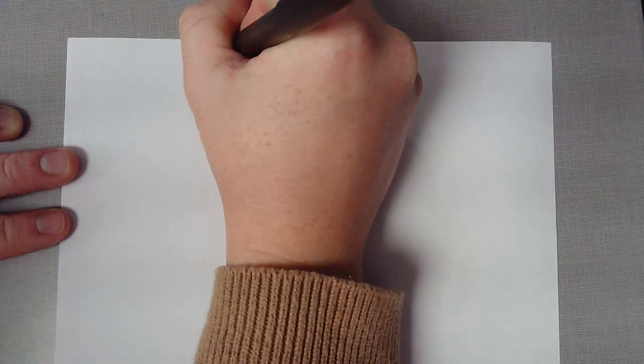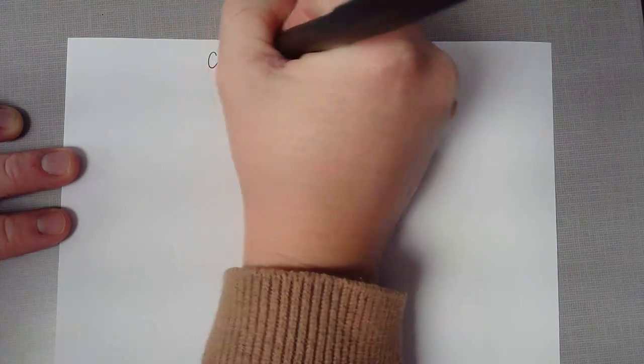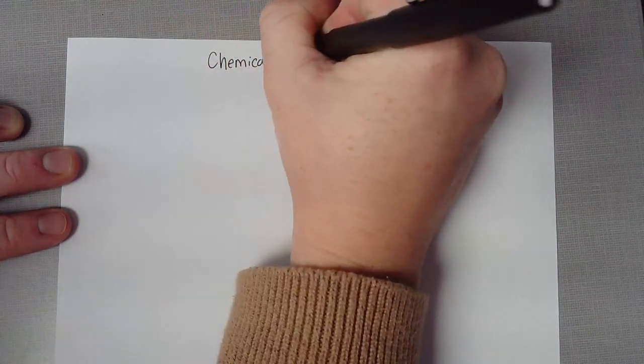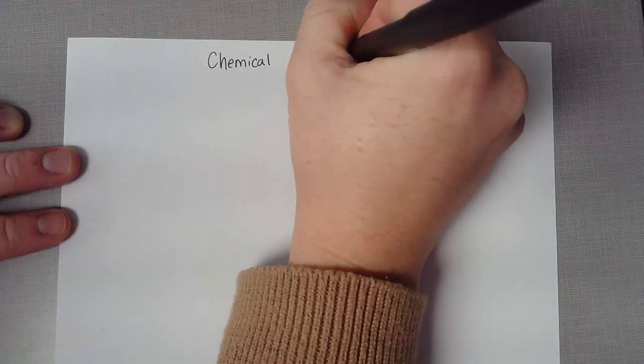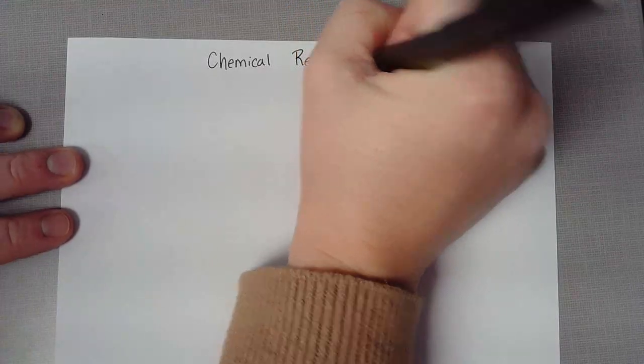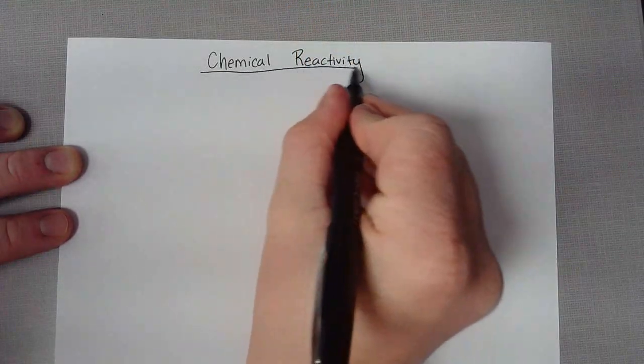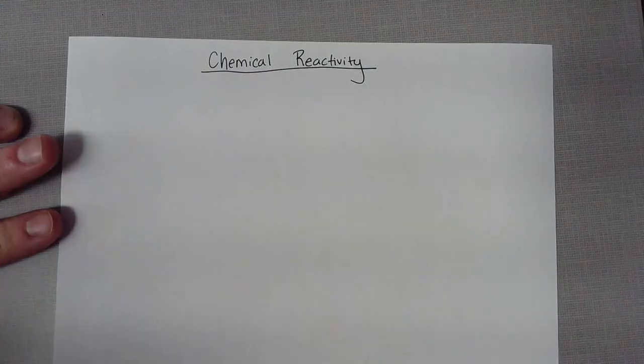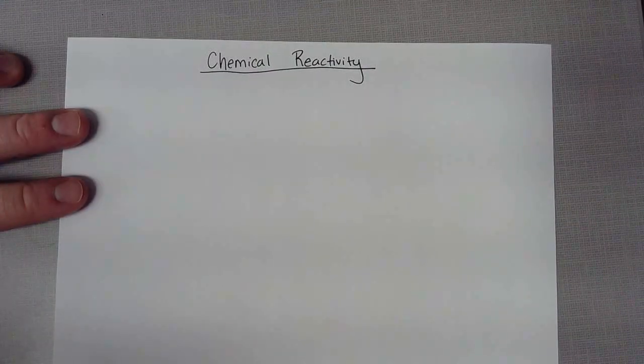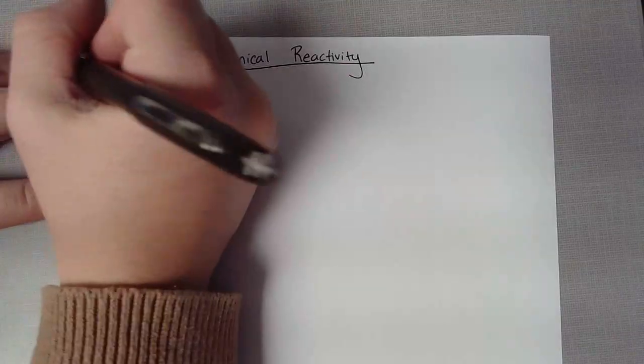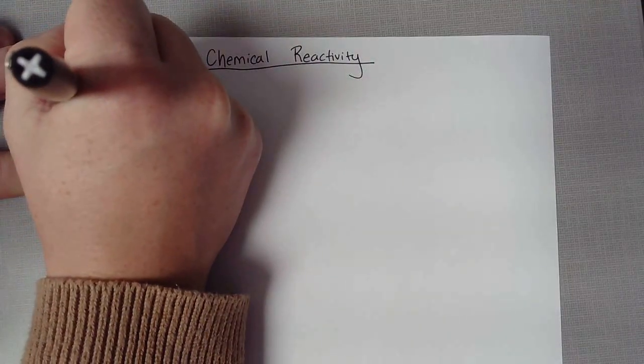So what your lab is looking at is chemical reactivity. There are a lot of different ways that I could define this, but we're going to start with a pretty basic definition of what is it?